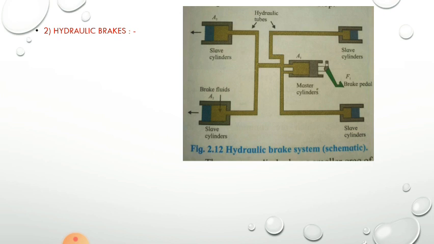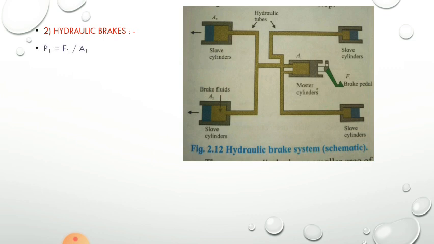The slave piston pushes the friction pads against the rotating disc, which is connected to the wheel, thus causing a moving vehicle to slow down or stop. You can observe this in your bikes, cars, rickshaws. Most vehicles nowadays use a hydraulic brake system.